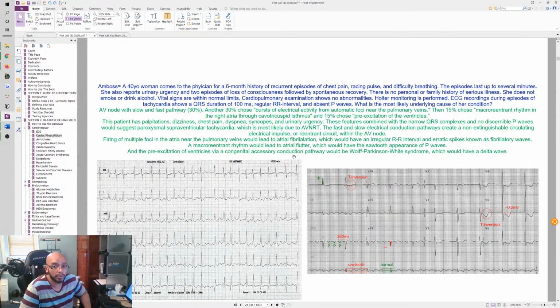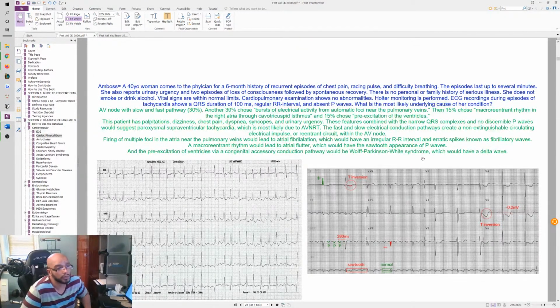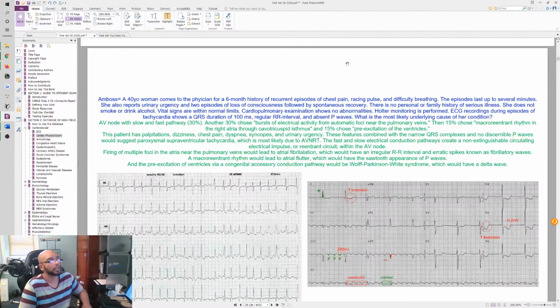The accessory conduction pathway is the one that causes the delta wave in Wolff-Parkinson-White syndrome, and that's not what our question was about either. Right, so those answer choices should not have been ones anyone picked, but for some reason they did, and whatever the reason might be, we want to learn from it and make sure we don't do it. Right? So the correct answer here was just AV node with slow and fast pathway.